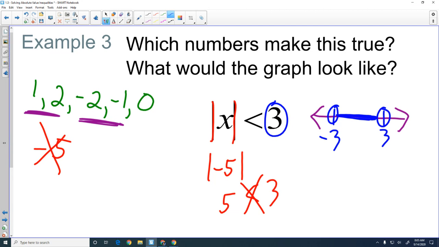So any number between -3 and +3, even those fractions and decimals, any one of those would make this original inequality true. And so we graph that on the number line from -3 to +3, two open circles, and you just kind of bridge the gap in between them.